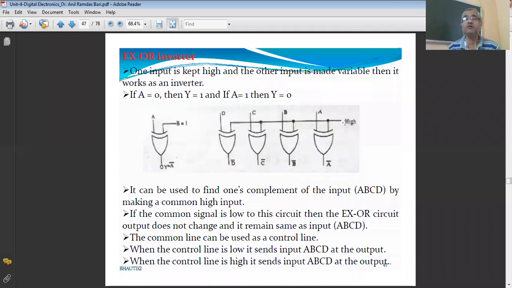So remember, when this input is low, the input signal will appear as it is, because this is low, and therefore the input will appear at the output.